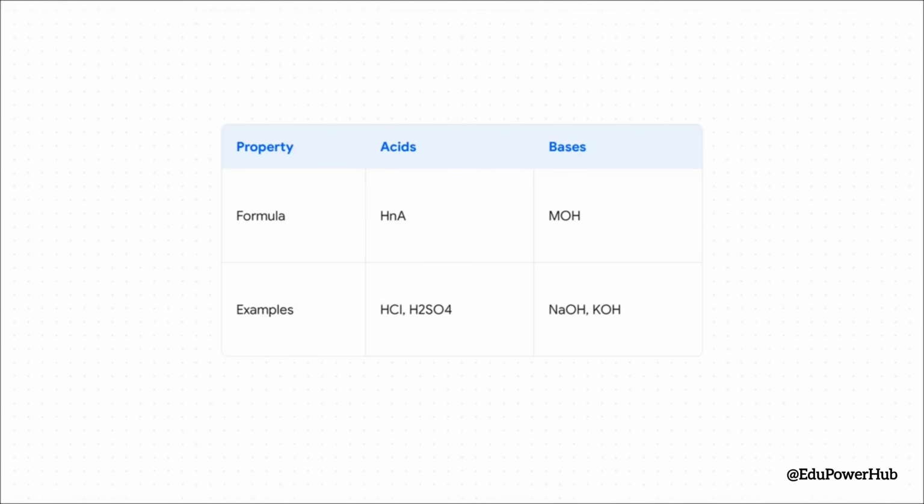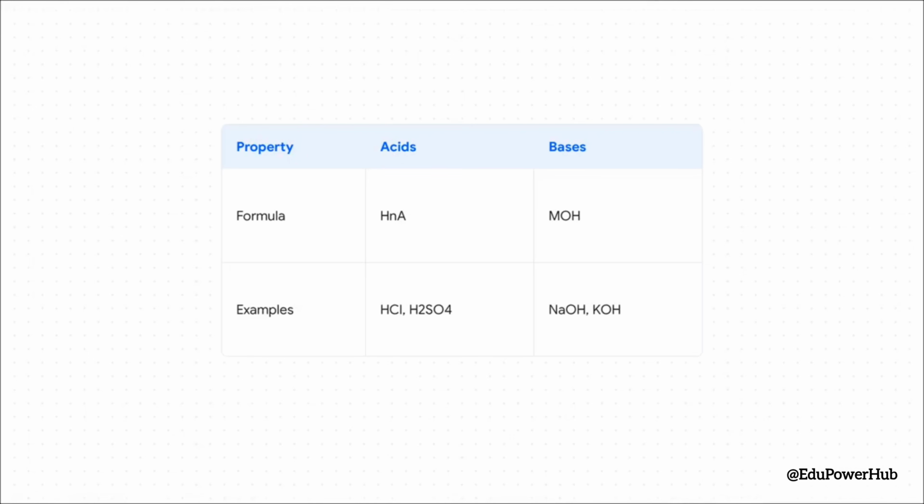Now check out the bases with their general formula MOH. There's that recognizable OH or hydroxide group tagged right at the end. You can see it perfectly in sodium hydroxide, NaOH, and potassium hydroxide, KOH. The chemistry literally writes itself into the name.